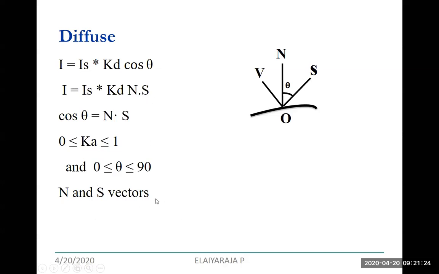So n and s vectors you have to calculate as dot product, where the coefficient factor we can say is between 0 to 90 degrees. Here this is the coefficient factor of diffuse, K D.